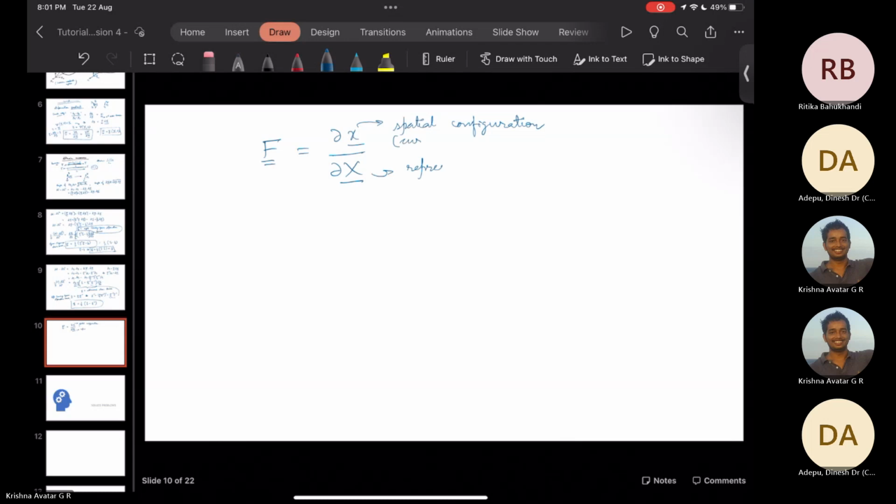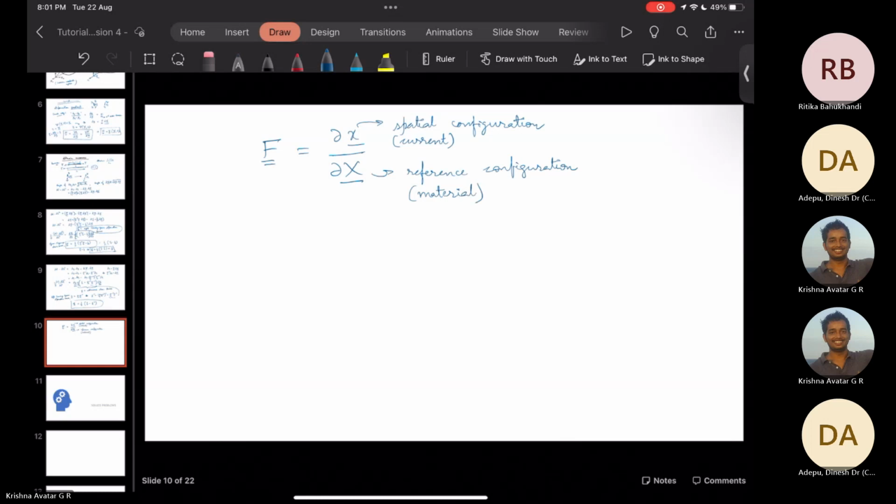Spatial or current, I'll use interchangeably. This means the same thing, and reference configuration, you can also call it the material configuration, because it's in this configuration where we had defined all those material points.